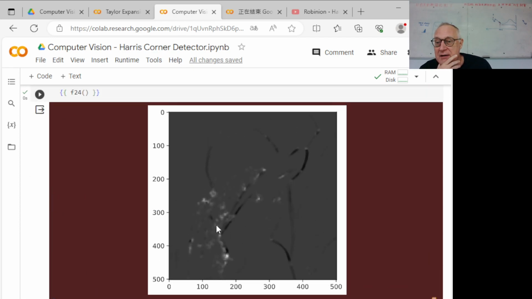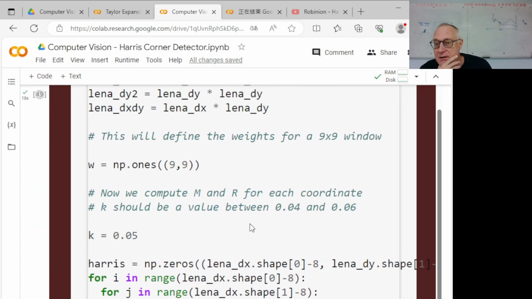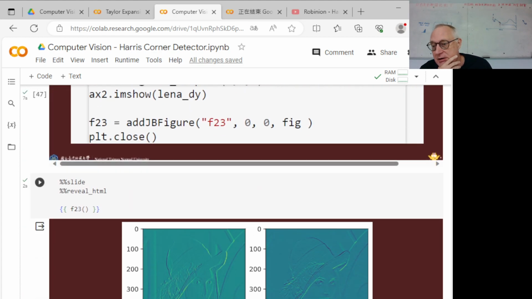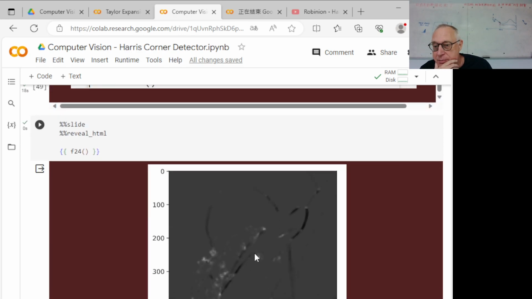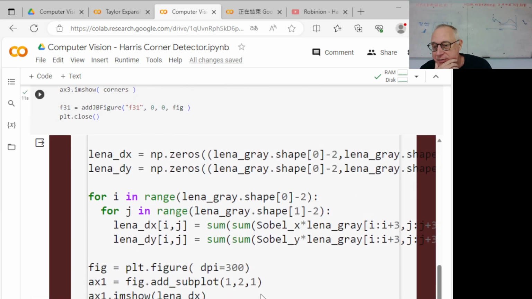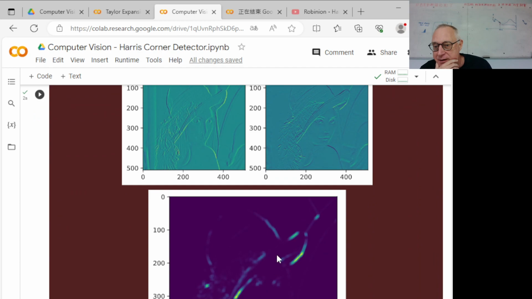If you compare this image, we do get strong responses in the points that are corners, like in the hairs there. But we do get very weak responses on the edges. Whereas if I simply multiply them, then I get very strong responses here. So this would not be a good corner detector, this approach, right?